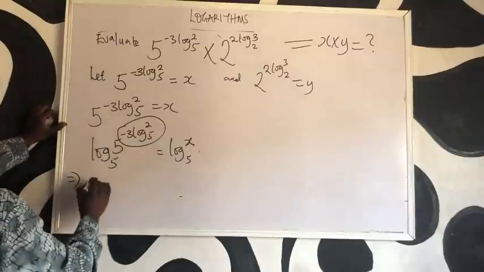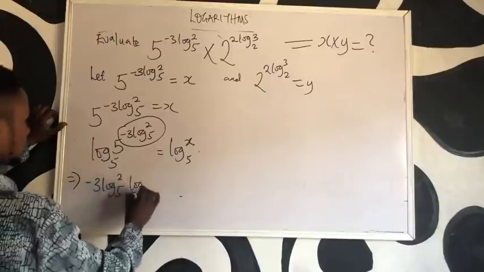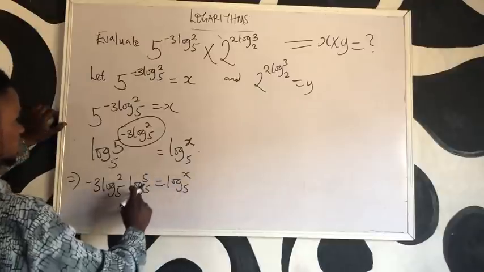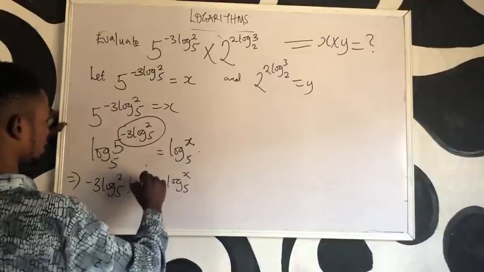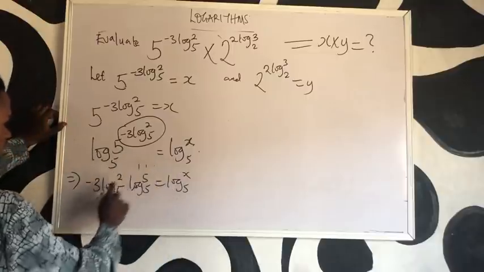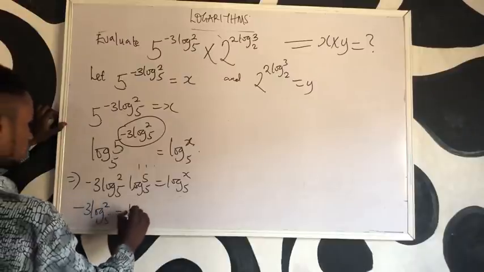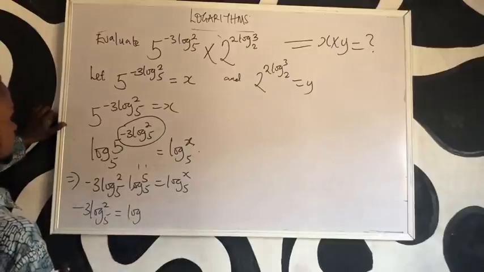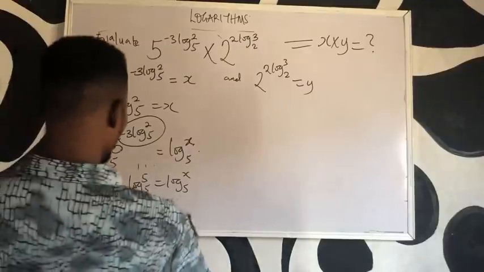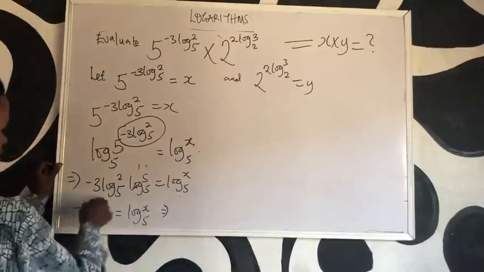This is the power: minus 3 log 2 base 5 times log 5 base 5 is equal to log x base 5. Log 5 base 5 is 1. So 1 times minus 3 log 2 base 5 is equal to log x base 5, which again by the power law, the power should multiply the logarithm itself.